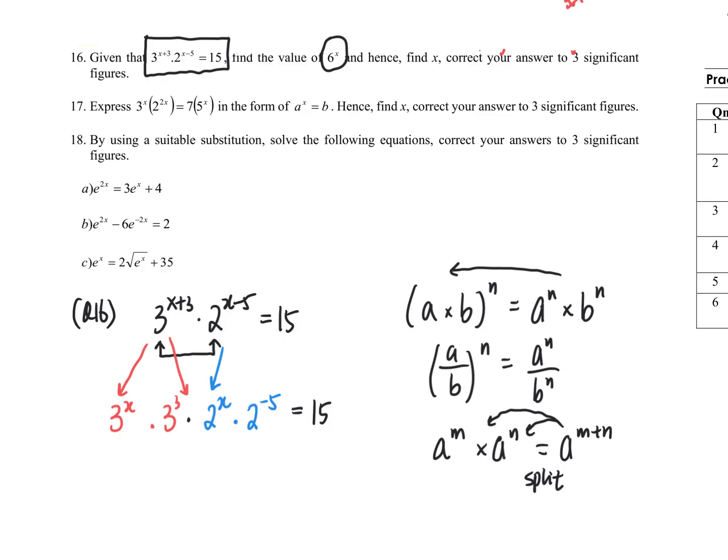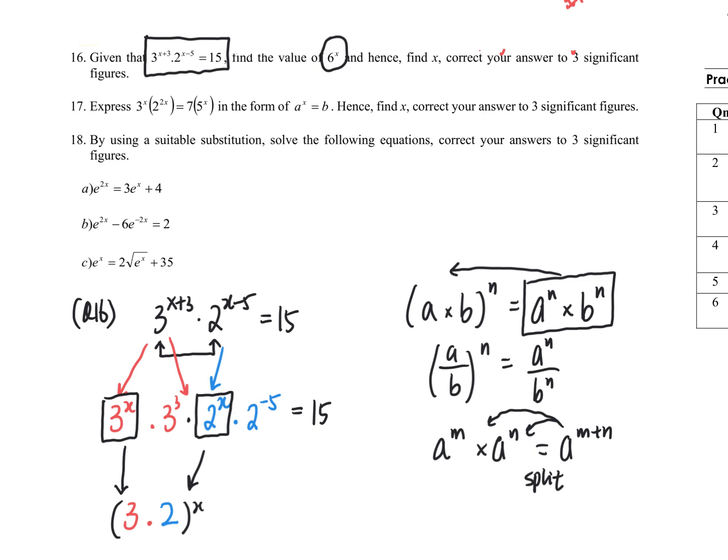So what's the purpose of that? Because if I combine these two together, what will I get? Yes, can you see that if I have two numbers with the same power, I can multiply that two base together. So this is the same as 3 times 2 with the power x. Can you see that? So I want to combine these two.